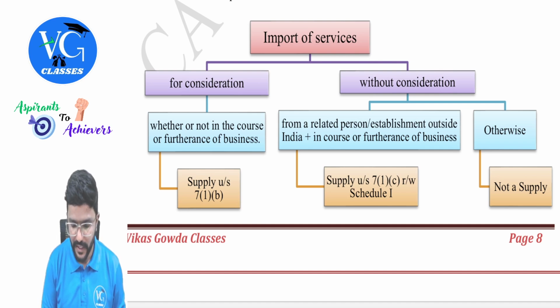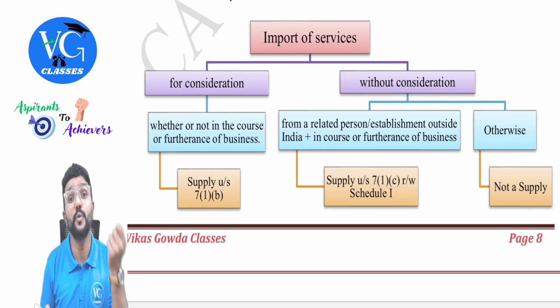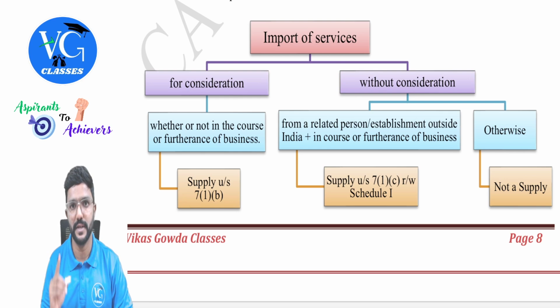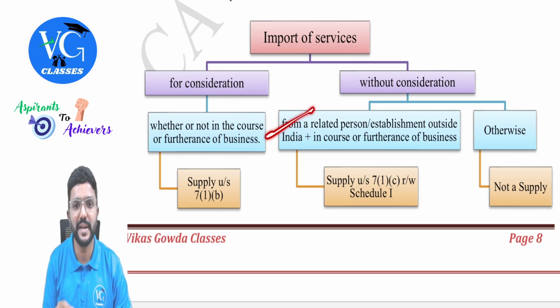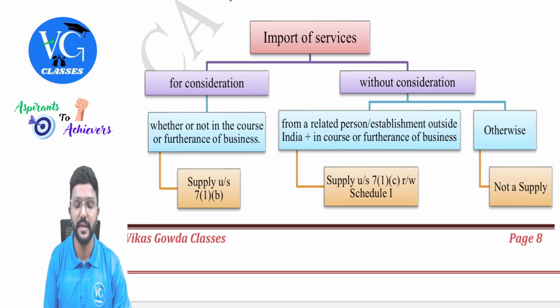Next, if it is without consideration, then we need to check from whom it is imported and for what purpose. It is very important. If it is from a related person or establishment outside India, plus, which means both have to be satisfied, in the course or furtherance of business, if both these conditions are satisfied, then it is a supply as per para 4 of Schedule 1, guys. If not, it is not at all a supply.